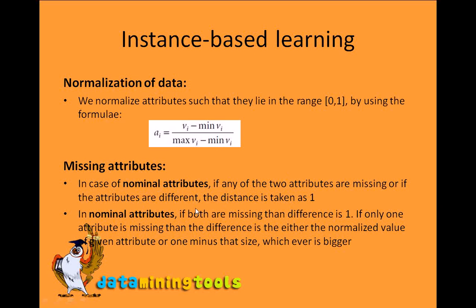For a nominal attribute, if both are missing, then the difference is 1. If only one attribute is missing, then the difference is either the normalized value of the given attribute or 1 minus that value, whichever is bigger. So in case of a missing attribute, we basically try to maximize the distance by taking the maximum value.